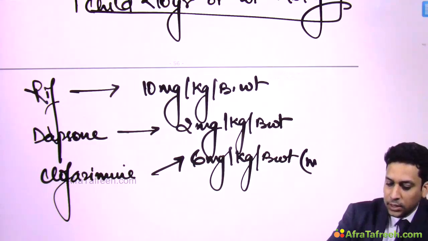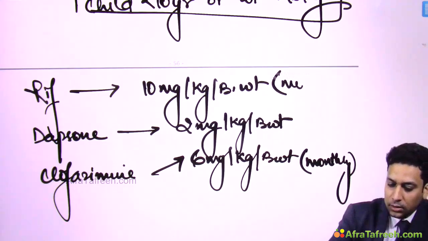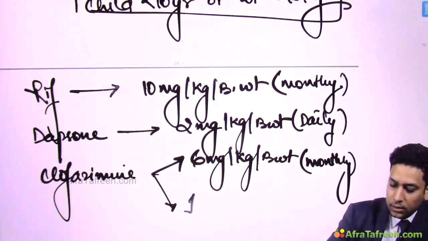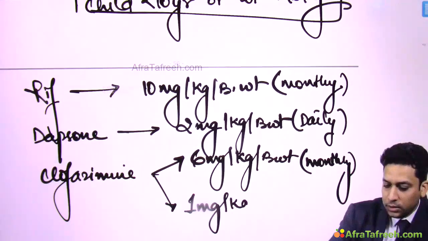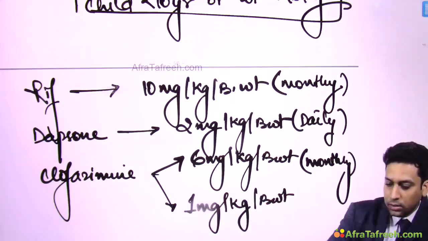This is monthly. This is also monthly. This is daily, and 1 mg per kg body weight daily.